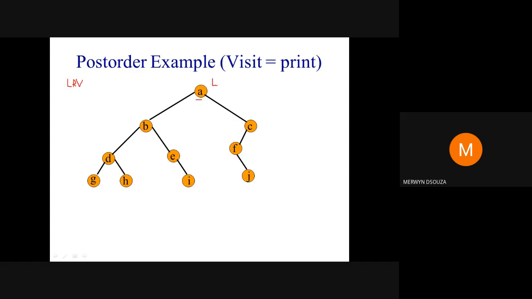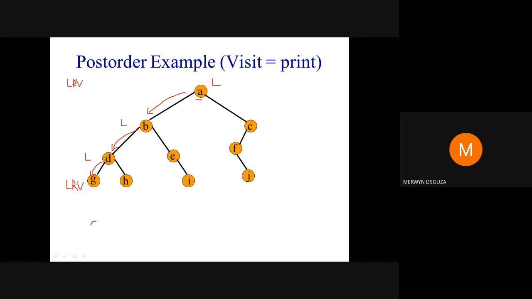Okay, so left subtree, go to the left subtree. Okay, new node, therefore again left subtree, new node, therefore again left subtree, new node, therefore again left subtree. Okay, so can you go more left? No, you have reached the end of it. So therefore perform the second step, try to go to the right. There is no right also here, no right subtree, therefore perform the third step, visit.